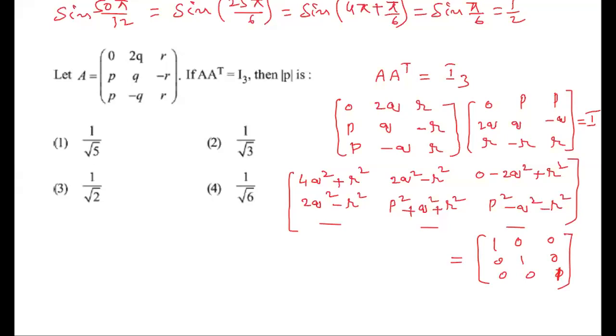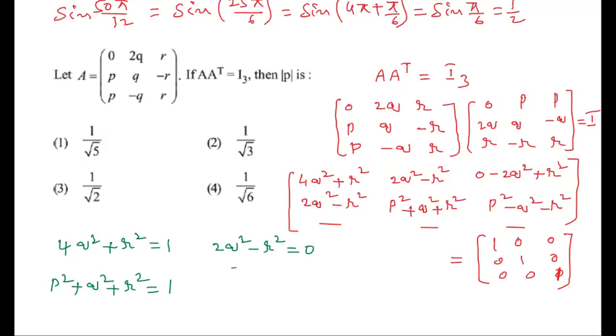Now compare both the matrices. 4q square plus r square value, that is 1. Next, 2q square minus r square is equal to 0. Next, I am going to compare second row middle value: P square plus q square plus r square is equal to 1.